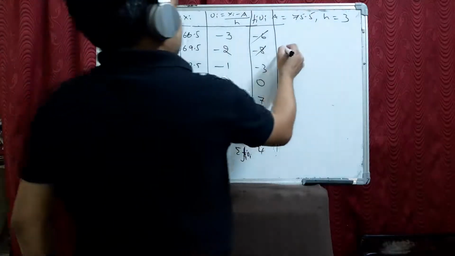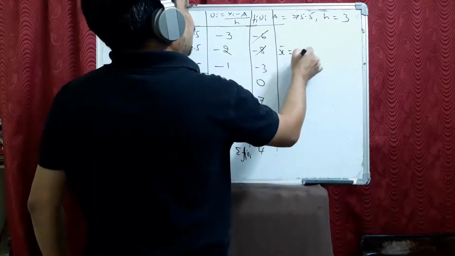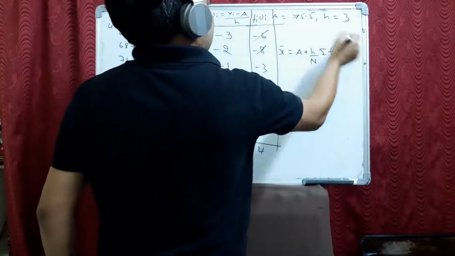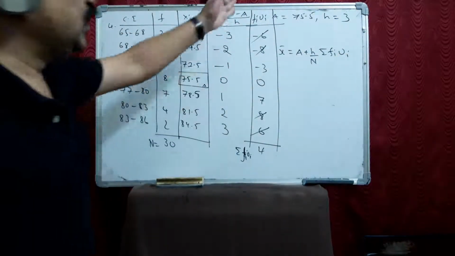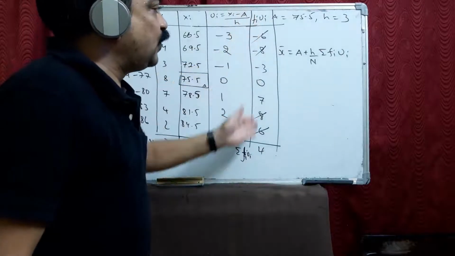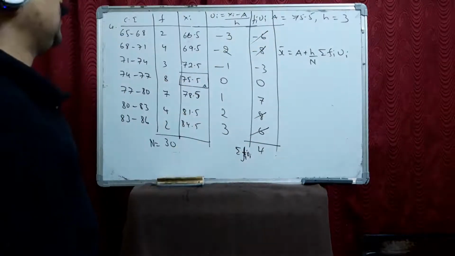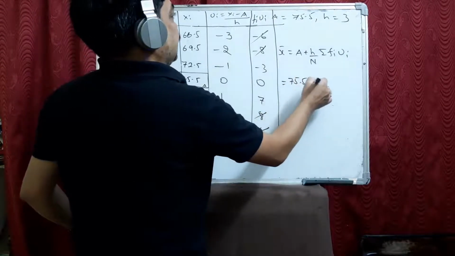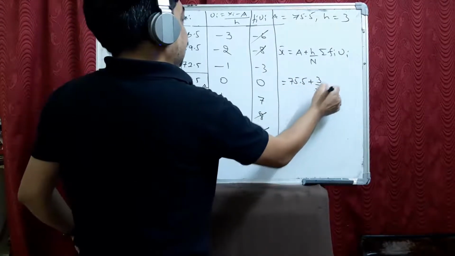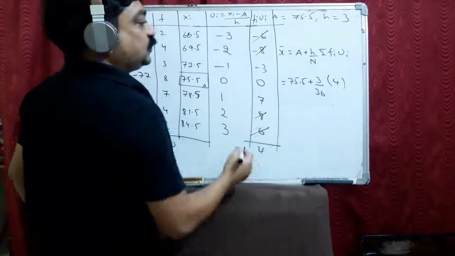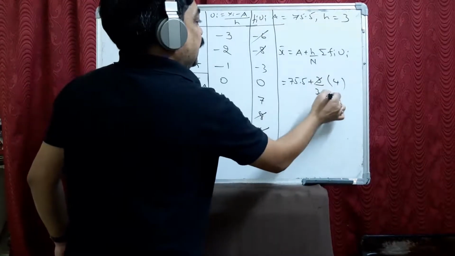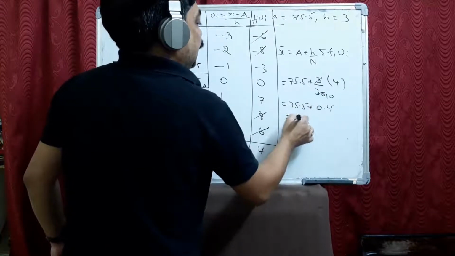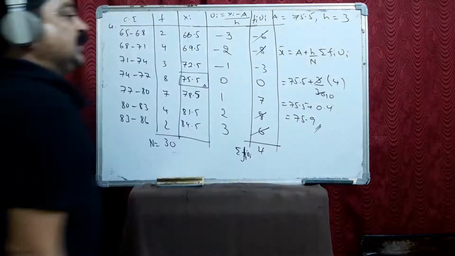So the arithmetic mean x bar is A plus h by N sigma fi ui. This is the formula. All the values you know: ui you know, fi ui you found out, h value you know, capital N also you know. What is capital A? 75.5 plus h, 3, by 30. Sigma fi ui is 4, so it becomes 12 by 30, which is 0.4. So 75.5 plus 0.4 becomes 75.9, the arithmetic mean. Okay?